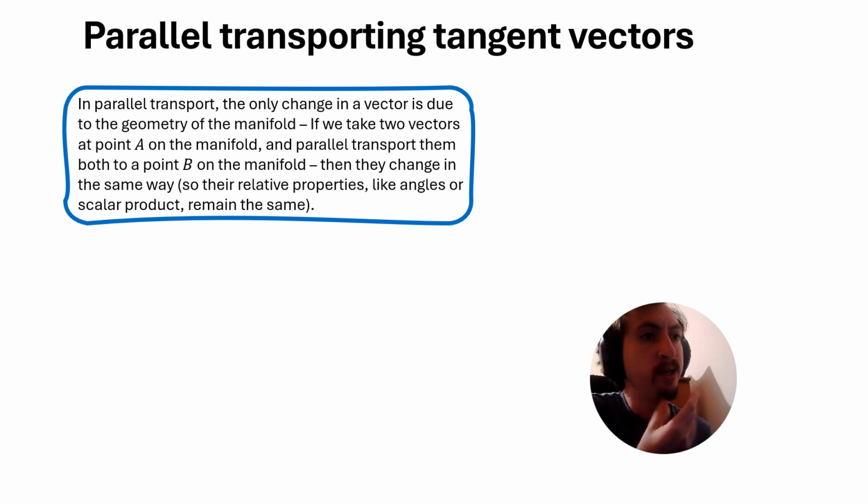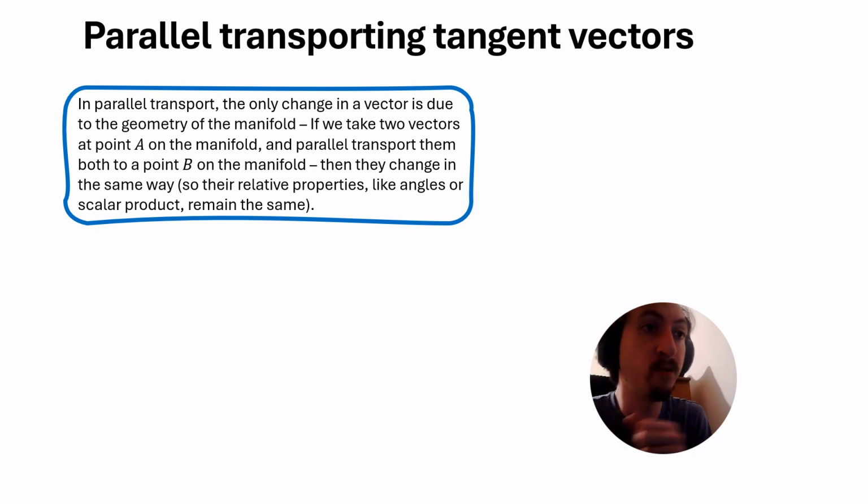And this means, it's a little abstract to think about, but if we're considering our path and a tangent vector, well, at a particular point on a path, the path and the tangent vector are obviously going to be parallel.